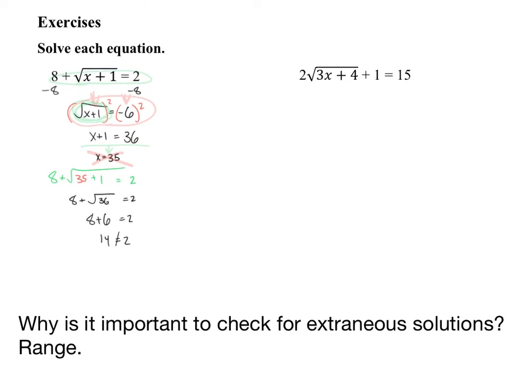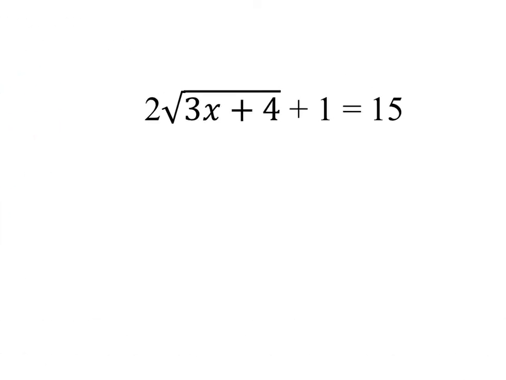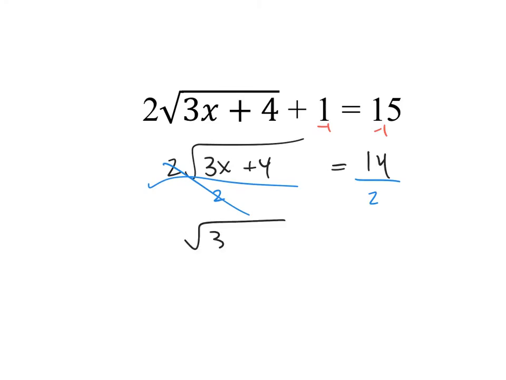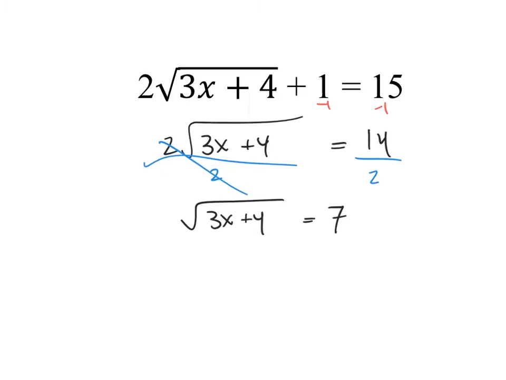Let's check out some more. On this one, the first step is to isolate the radical. So what you'll want to do is subtract that 1 from both sides. So now we have 14, right? We subtracted 1 from both sides. Whenever you have a number out in front, that's division. So we have the square root of 3x plus 4 is equal to 7.